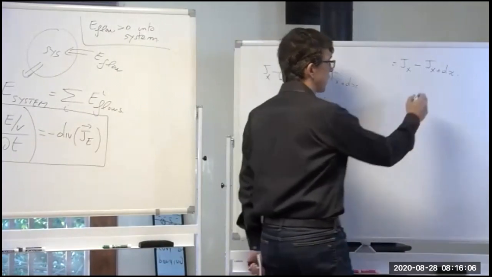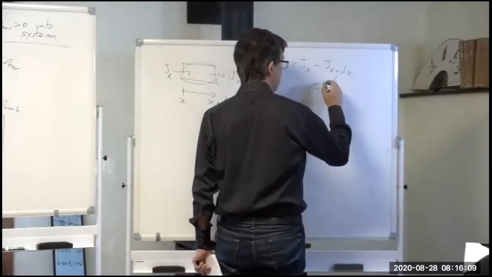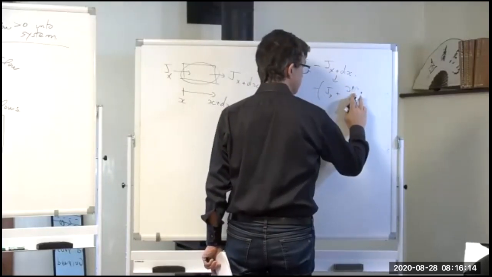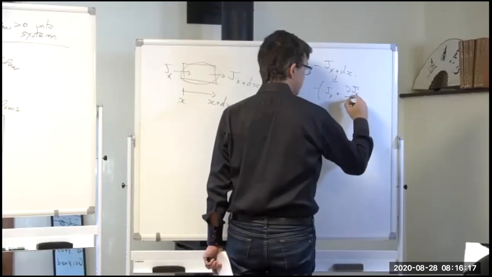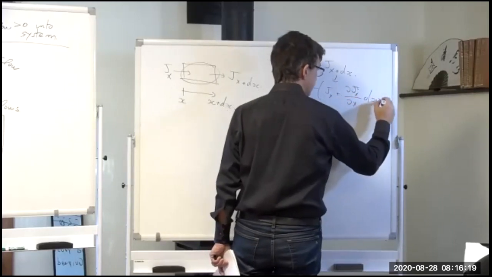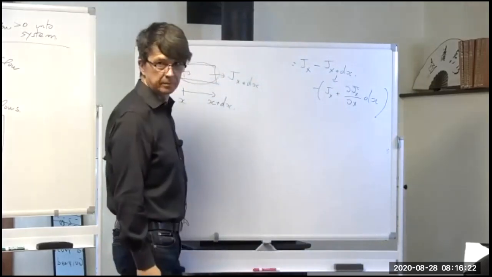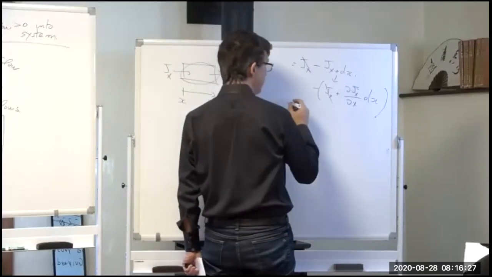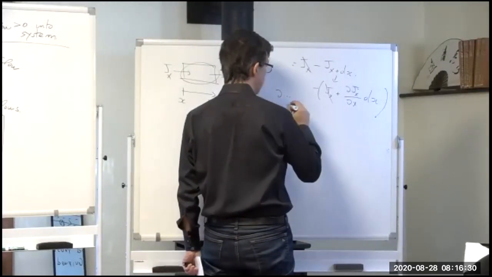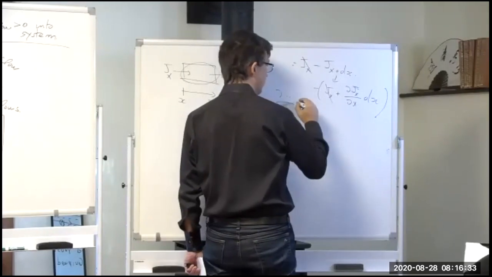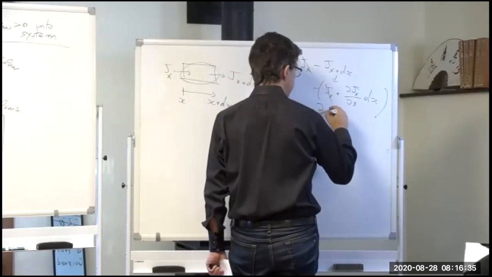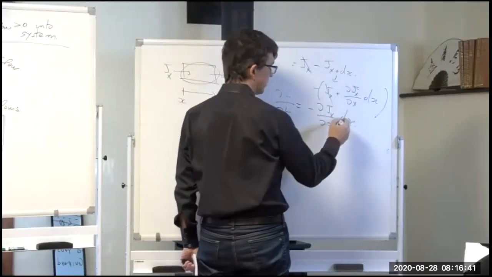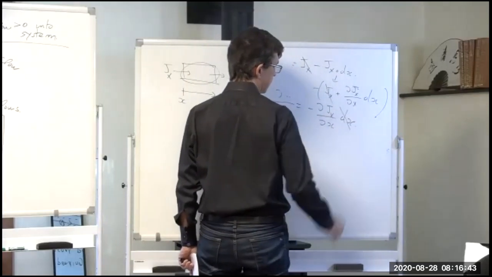This I can Taylor expand, so I'm going to write this as jx plus djx/dx times dx, and so these two cancel. What I get per unit time is minus djx/dx times dx, but if I do it per unit volume element, this goes away.